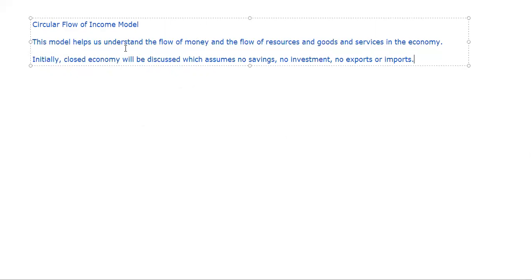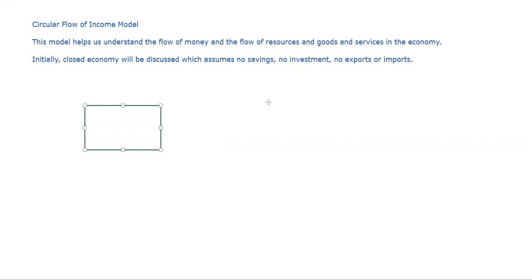So let's try to understand the flow. Let's draw the two participants. The two participants are the households and the firms. Now, among them, they exchange.